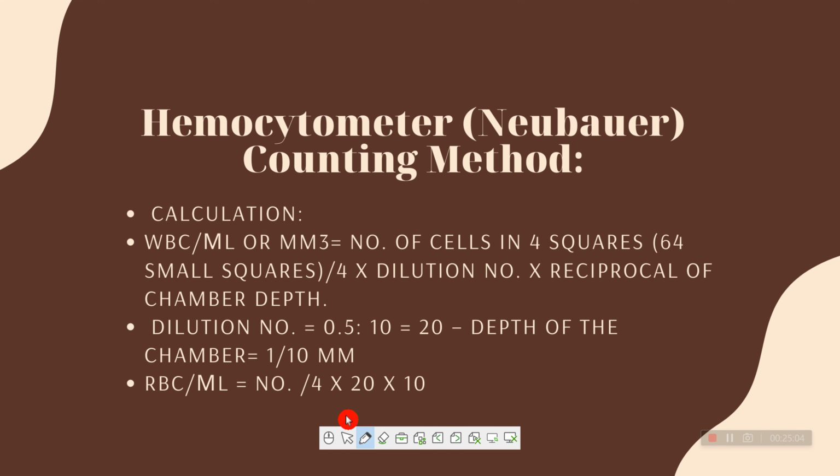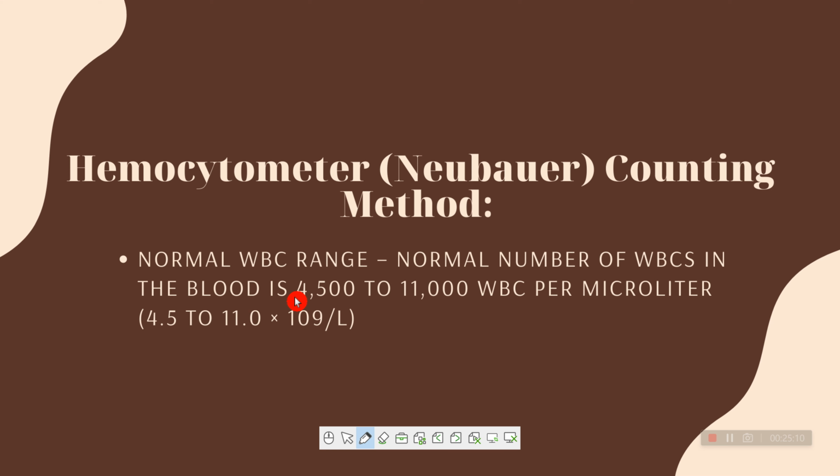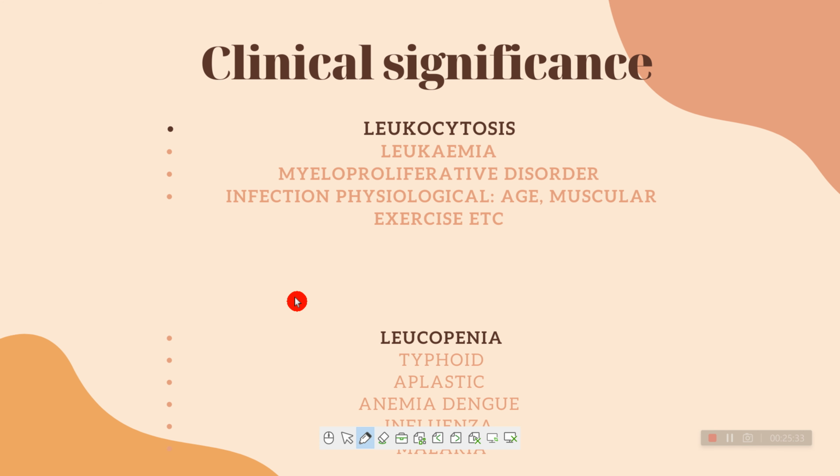By putting the observation in this formula, we get the result of the total WBC in our body. So what is the normal range now? The normal WBC range in the blood is 4,000 to 11,000 WBCs per microliter, or 4,000 to 11,000 WBC per mm cube.